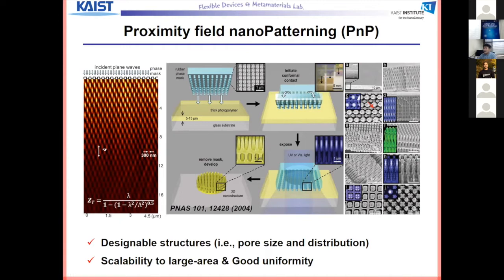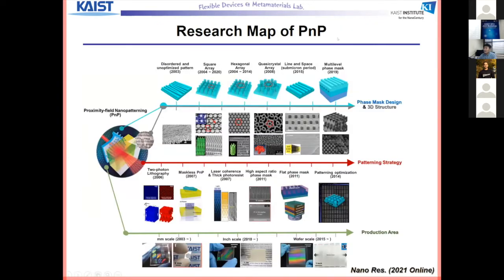If you are interested, this is our group's proximity field nanopatterning, which was my PhD thesis in 2003. From that time on, my students and my group have done beautiful, heroic work. By extending the mask designs, we can make hexagonal, square, or even quasi-crystal structures, or some beautiful diamond-symmetric structures.